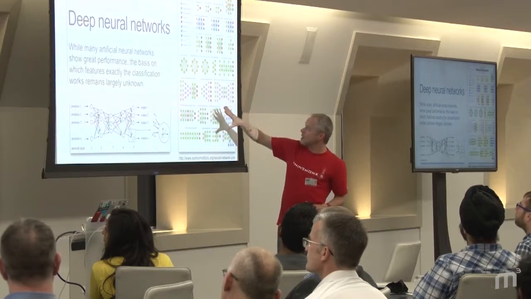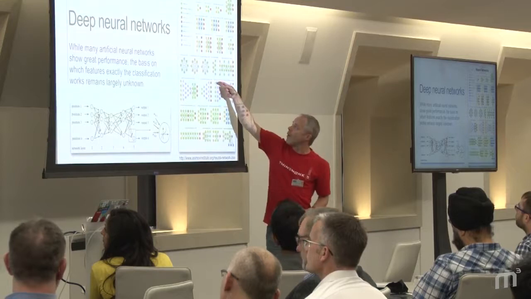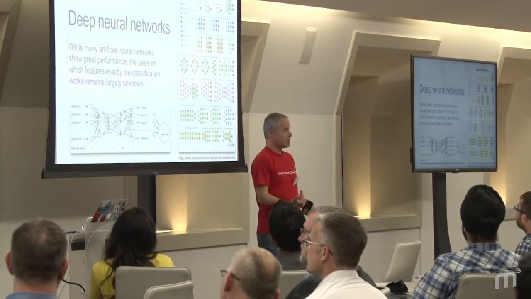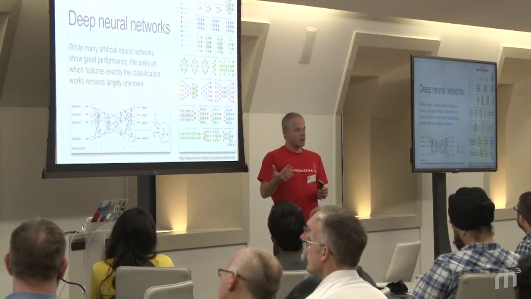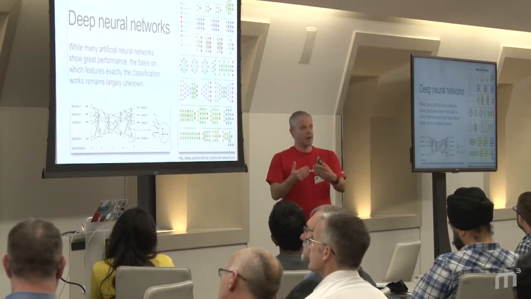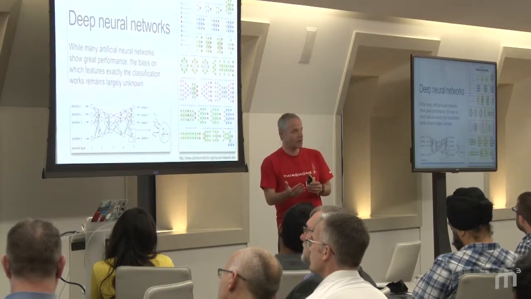Depending on the task, you can then say, for example, all of your input values here might be pixels from images. And just by training your neural networks on certain output classes, you can then define whether it's seeing a cat or a dog.